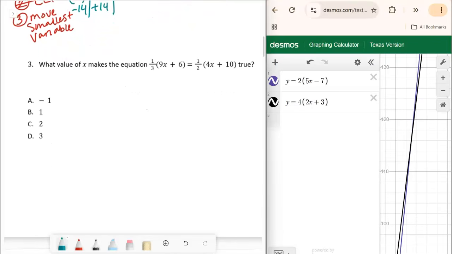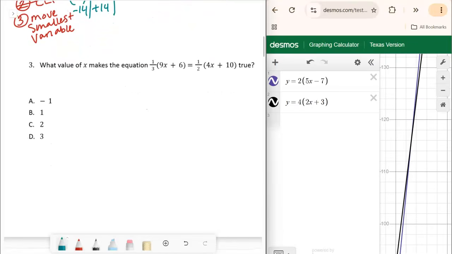Problem number 3, same thing. What value of x makes the equation true? So we're going to draw our line. Put this in y equals, put this in y equals, and see where they cross.